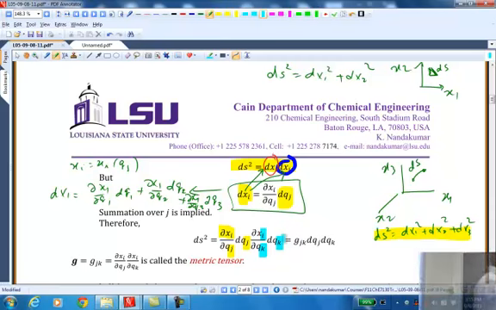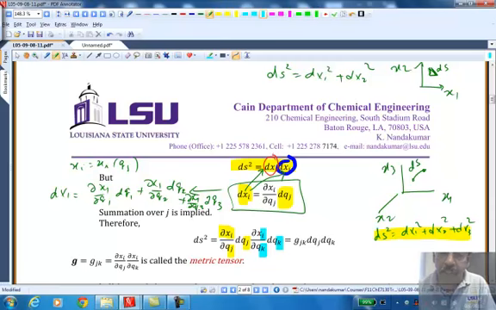Exactly, you cannot repeat an index more than twice. So already a summation over j is implied there, and I need to indicate that there is another set of summation over k. The dxi appears twice, and I know the relationship between dxi and dqj.